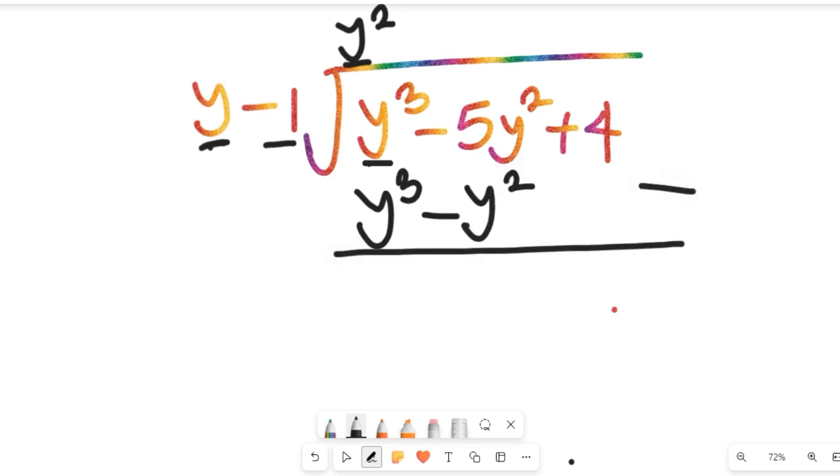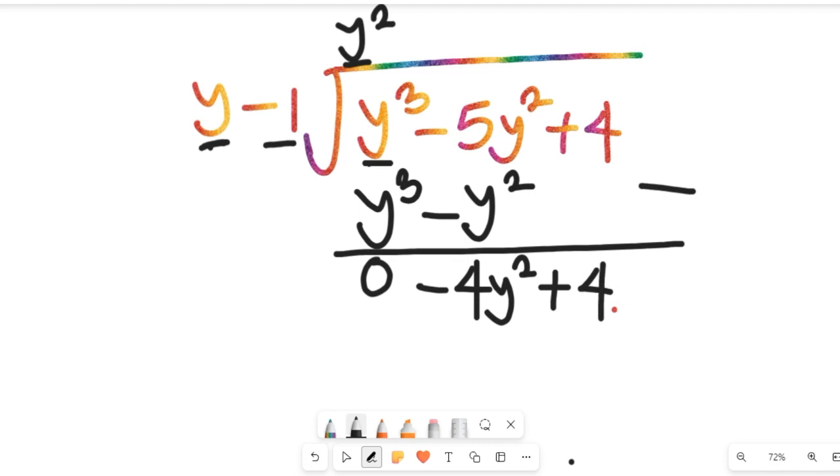We're going to subtract. y to the power of 3 minus y to the power of 3 is going to give us 0. So minus 5y squared minus negative y squared is going to give us what? We're going to have minus 5y squared plus y squared, and that will give us negative 4y squared. Good. And then we'll bring down plus 4.